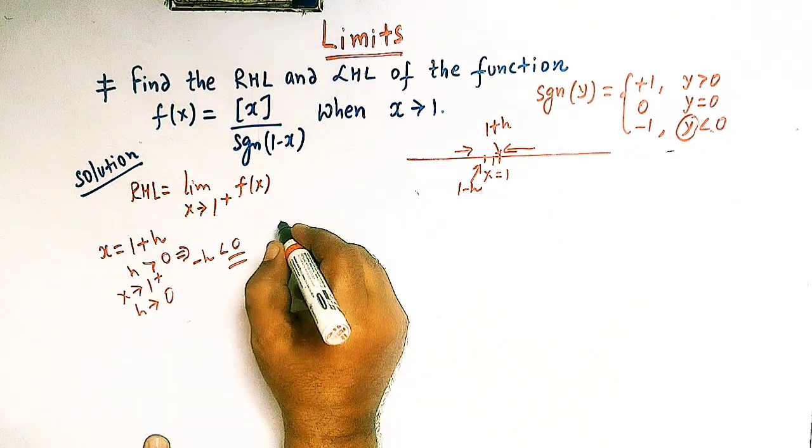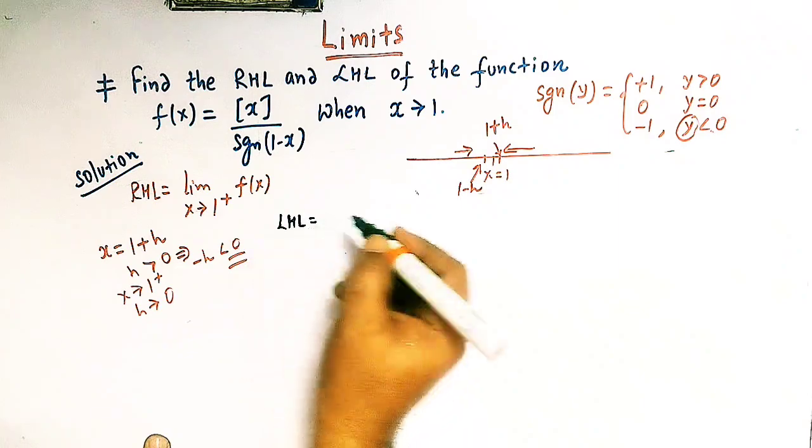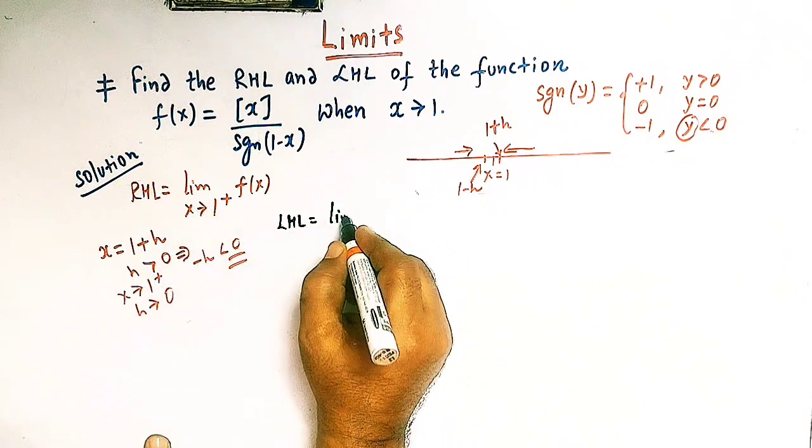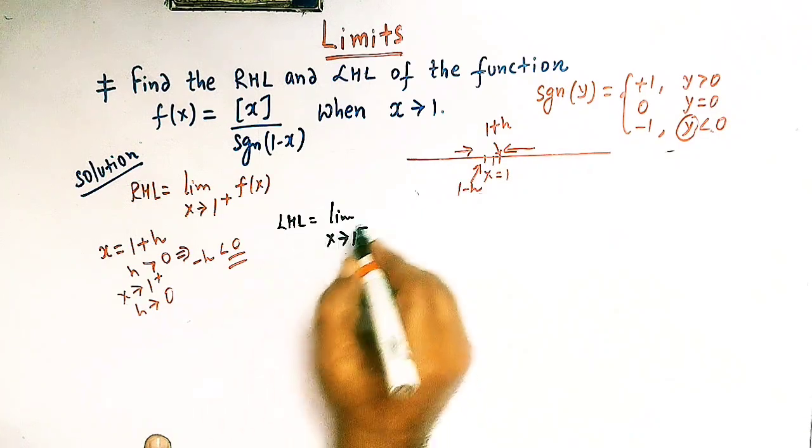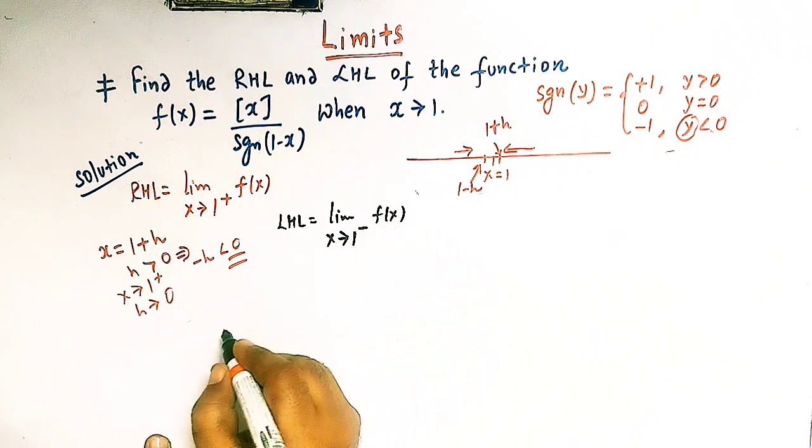Now let us find out the left hand limit. The notation for a left hand limit is limit x tends to 1, and here we put a negative sign, and we have f of x.